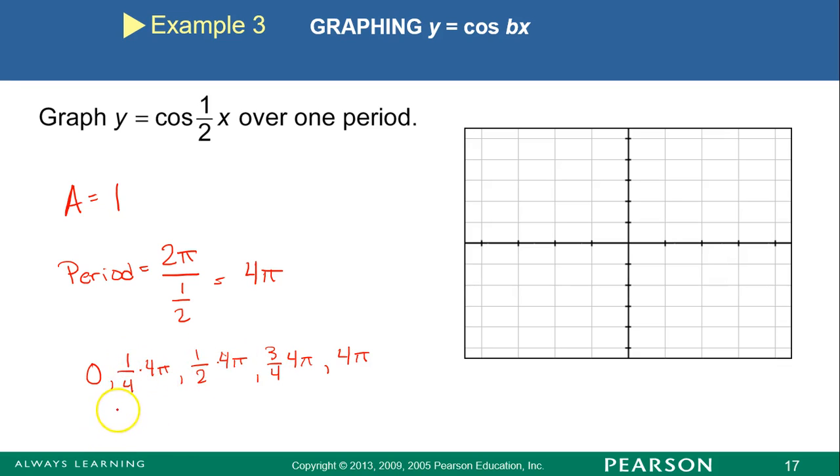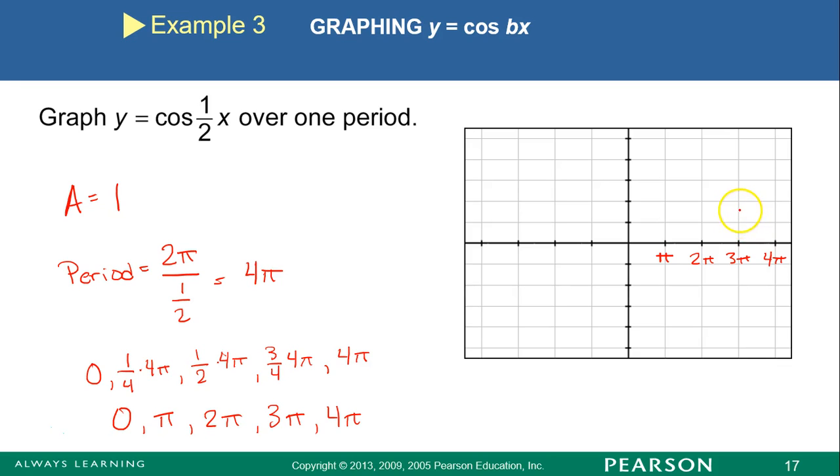Reduce it, so you get 0, pi, 2 pi, 3 pi, and 4 pi. Easy enough. So that is what I'm going to label my x-axis with: pi, 2 pi, 3 pi, and 4 pi. 4 pi will represent 1 full period.